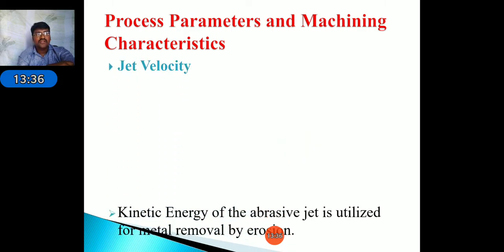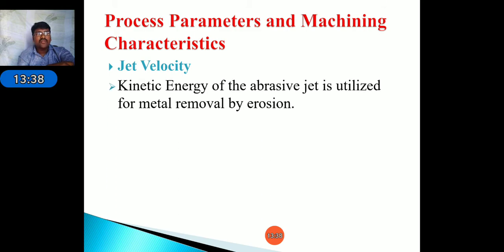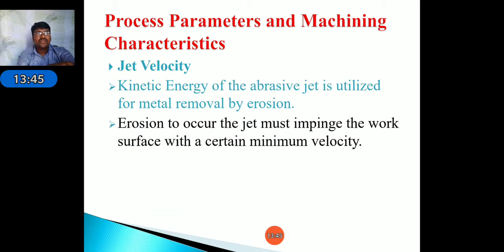Next, jet velocity. The kinetic energy of the abrasive jet is utilized for material removal by erosion. For erosion to occur, the jet must impinge on the work surface with a certain minimum velocity.